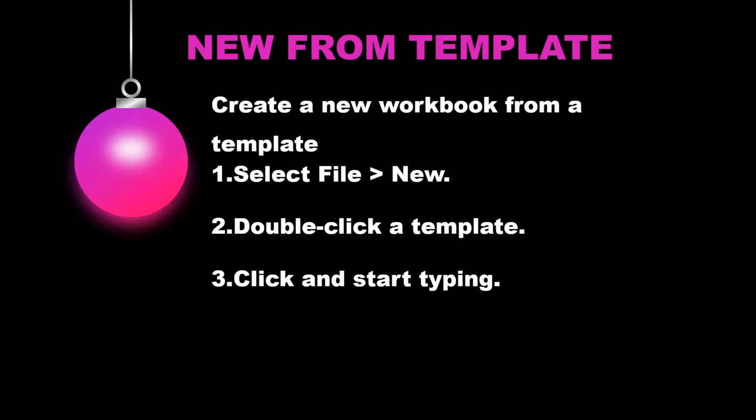To create a workbook from a template, choose the File menu, New option. You create a new workbook by double-clicking on a preferred template, and then we can start entering the data.